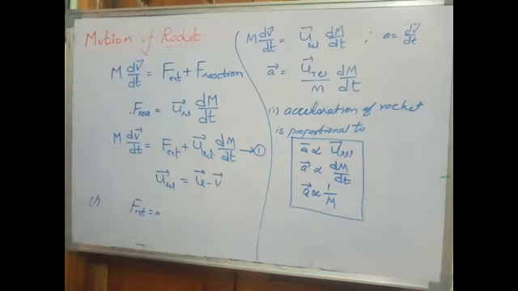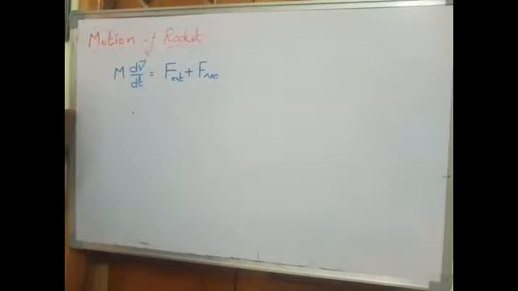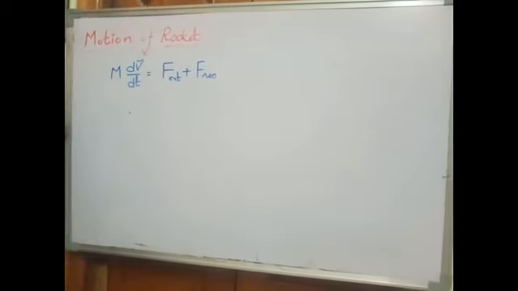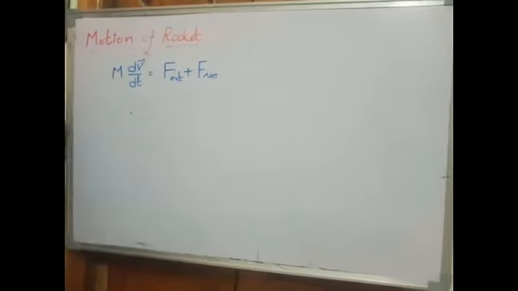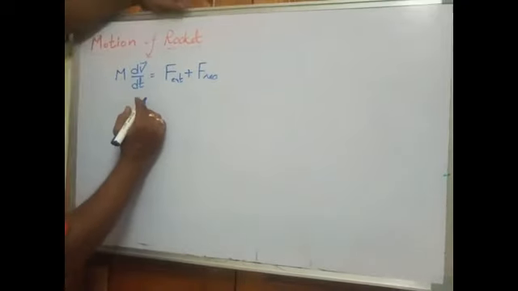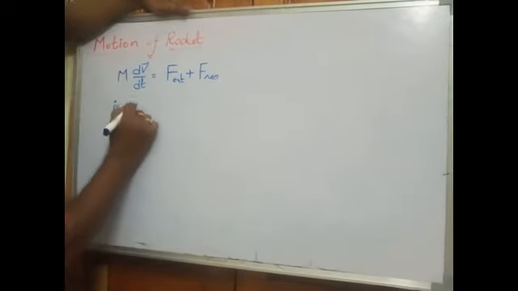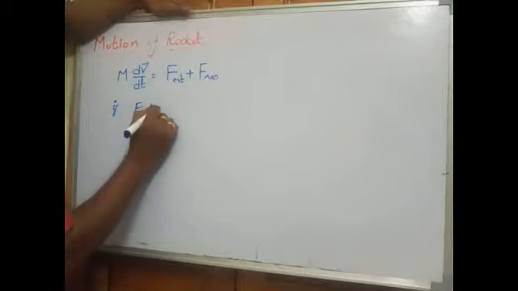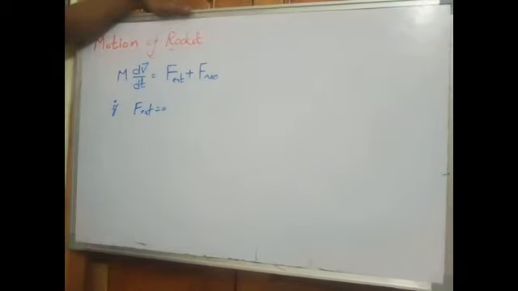Now we are going to derive the equation of motion of the rocket. Let us see how we can derive that equation. Now m d v bar by dt is equal to external force plus reaction force. Assume the external force is 0, so there is no external force acting on the rocket.